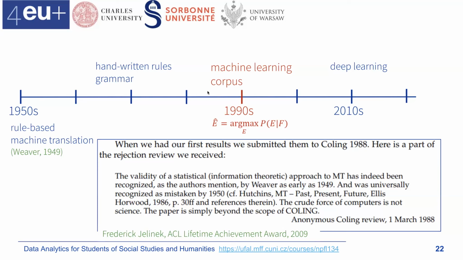So to move it forward, Professor Jelinek and his team at IBM approached this problem from a different perspective. At the very beginning of the 90s, they introduced a statistical approach, and it was so different that reviewers called it simply beyond the scope of computational linguistics at the time.